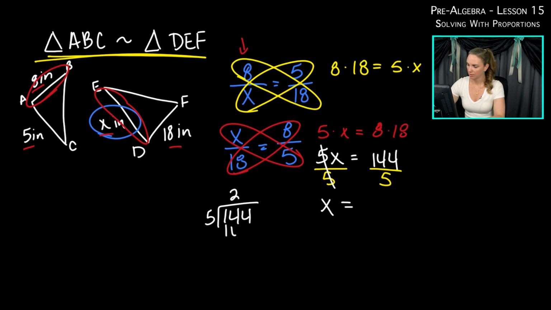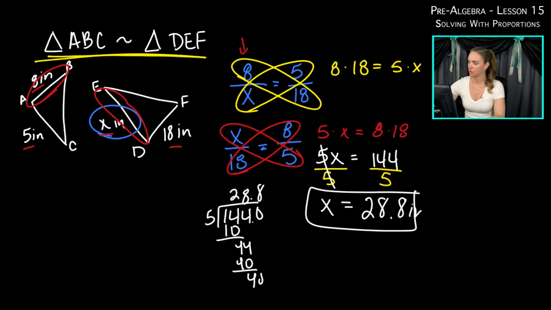This goes in 2 times, bring down my 4, goes in 8 times. I have a remainder, so I'm going to put in a decimal, bring down a 0. So my answer is 28.8. And that is inches. Make sure you label. All right, so now I figured out that this missing side length is 28.8 inches.